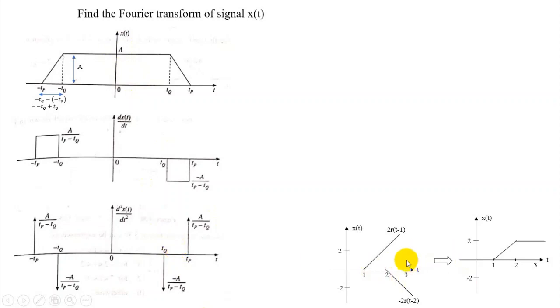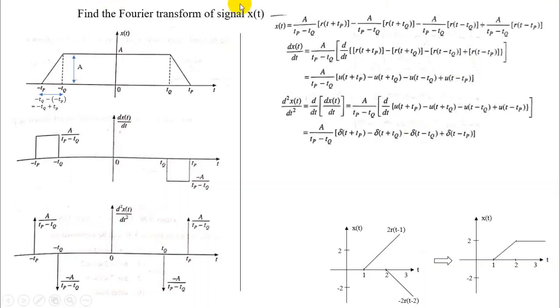So this was the basic way we could represent the ramp signal in terms of different singular functions. In a similar fashion we can go through this way, expressing this signal in terms of these functions, and the ultimate goal is to determine the second order differentiation. After that we need to perform the Fourier transform of that signal.